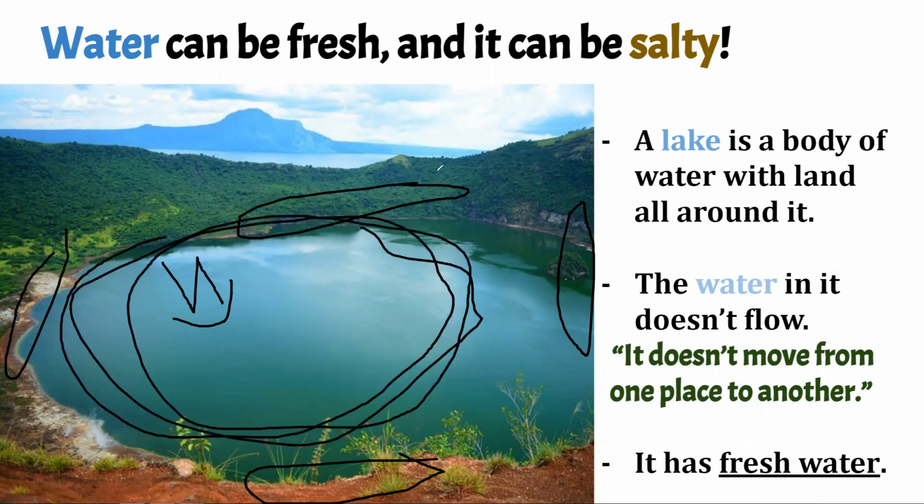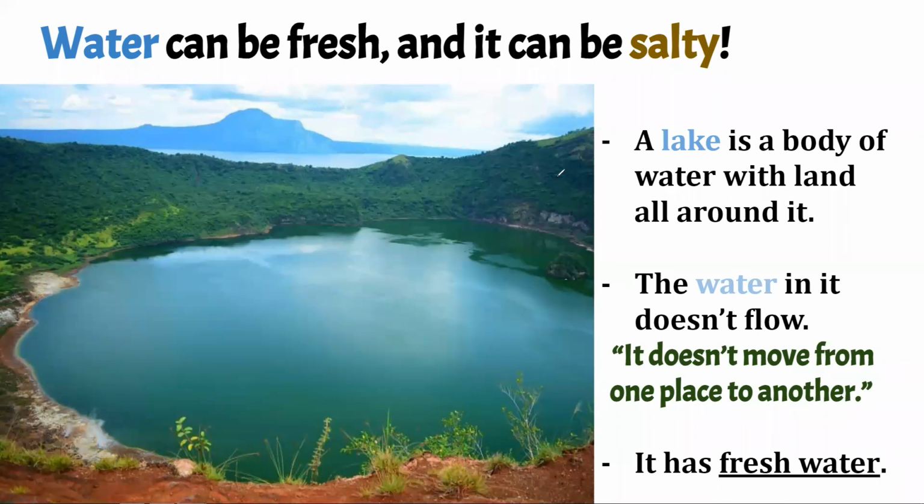So it won't go anywhere like the water in rivers and streams. What is the difference between a lake and a river? The river has water that flows, meaning it goes from one place to another.